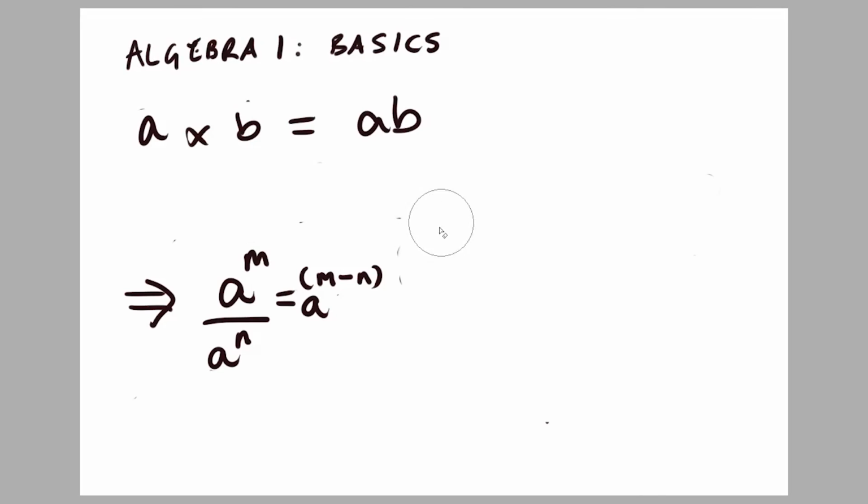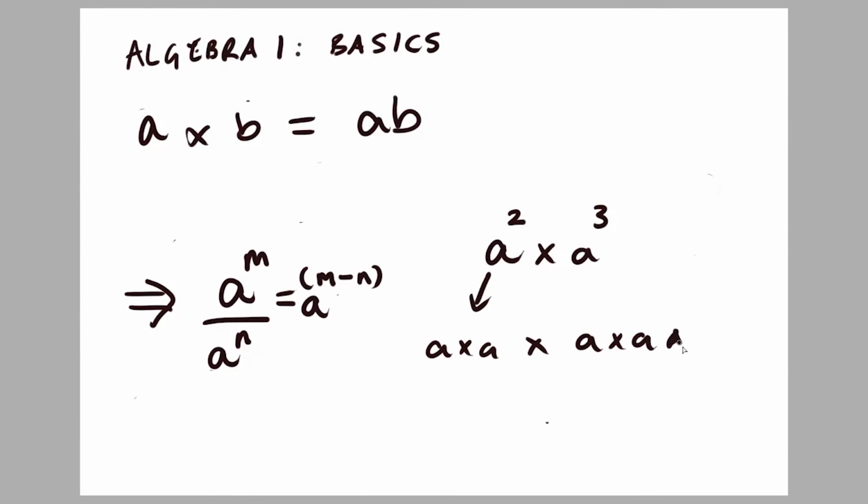And here's your second rule of working with indices and algebra. Okay, your second rule is if I've got a squared times a cubed, I can split these down to a times a being a squared, times a times a times a. Whoopsie. Okay, and now you can see that actually that's the same thing as a to the 5.